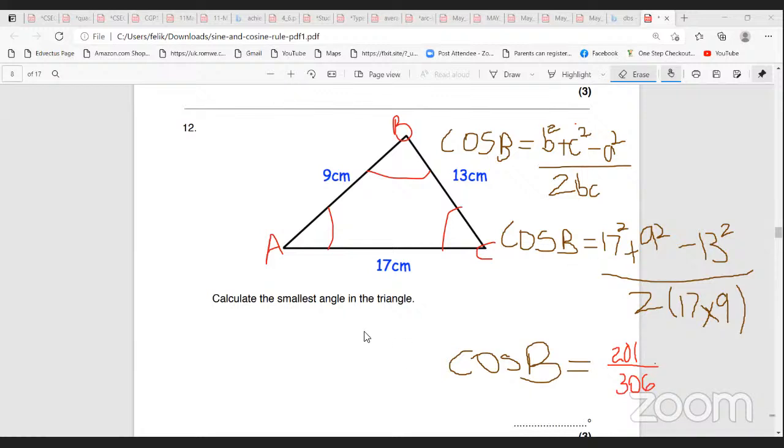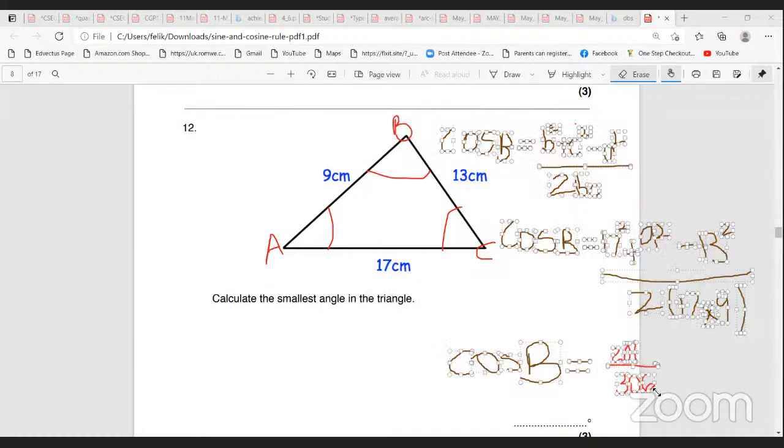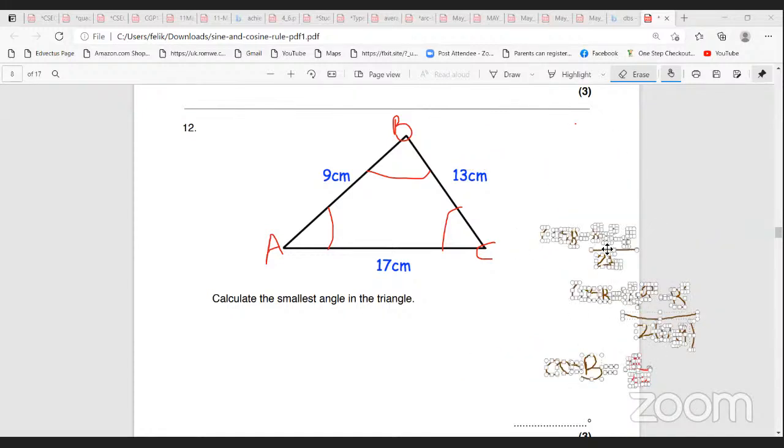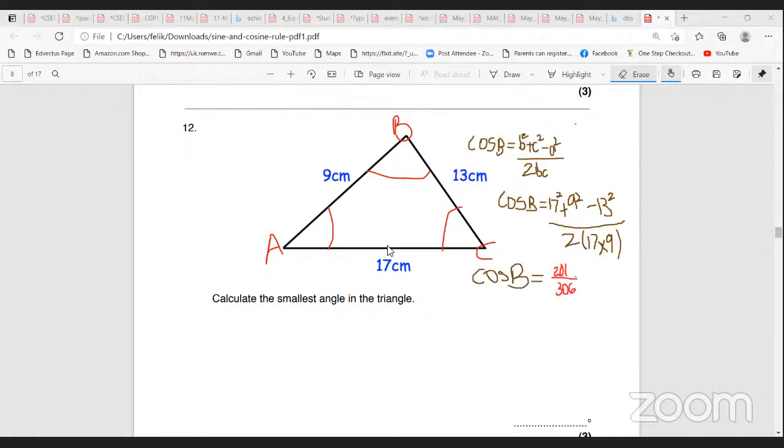That's 0.65. Exactly 0.65 you got? Yes, miss.